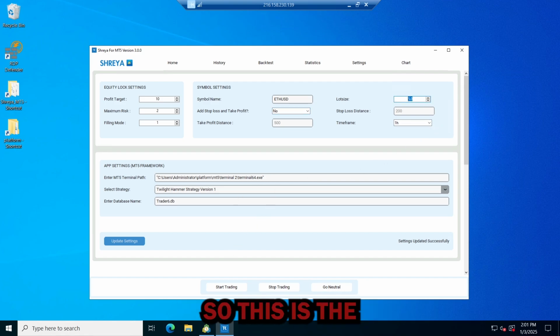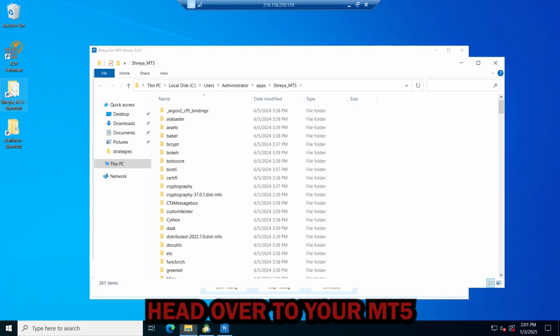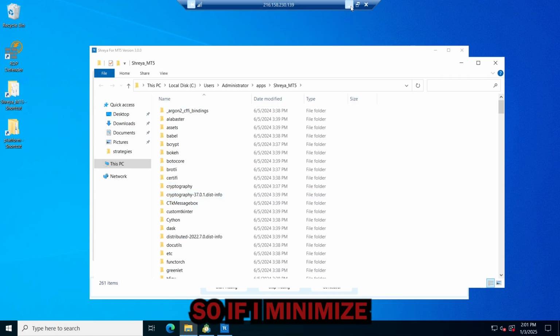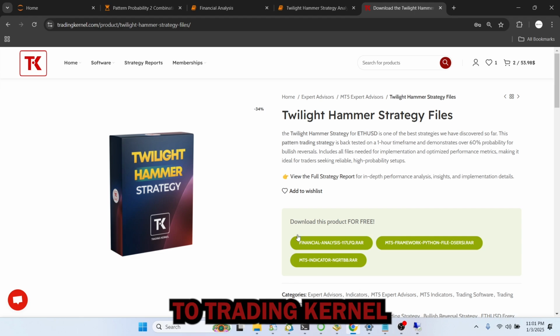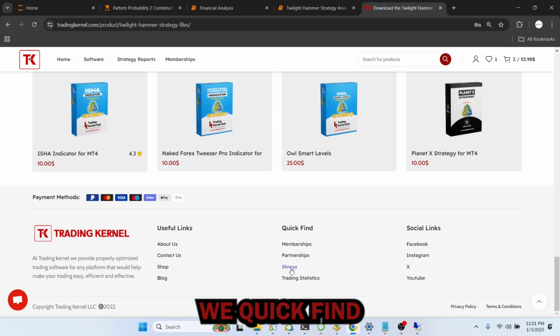This is the part of the MT5 terminal that you can see here, and the selected strategy is the Twilight Hammer Strategy version 1. If you head over to your MT5 folder, you can download this on Trading Kernel. If I minimize this, head over to Trading Kernel and scroll down to the bottom of the page, you can see we have Quick Find.